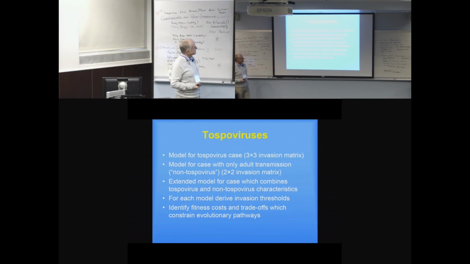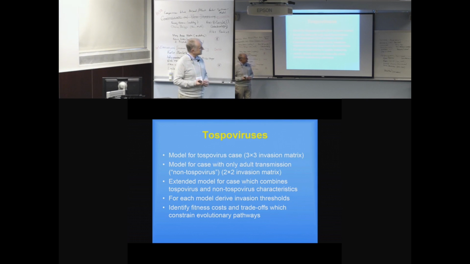So we developed a model for the Tospovirus case. It was a system of 6 equations. We had the plant population, healthy or infected. We had equations for the larval population. We simplified this simply to a juvenile population, viriliferous or non-viriliferous, and an adult, viriliferous or non-viriliferous.